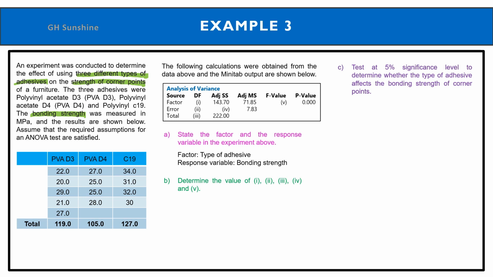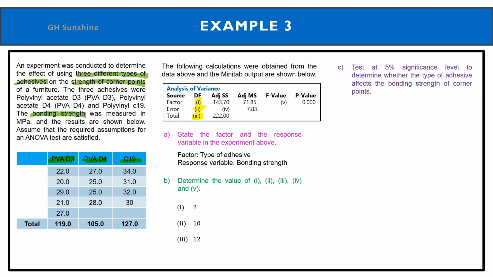Next question, question B. Determine the value of 1, 2, 3, 4, and 5. So 1 here, 2, 3. So 1 is based on degree of freedom. So factor, how many factor levels? 1, 2, 3. So 1 equal to 3 minus 1. Therefore 1 equal to 2. Next, number 2.